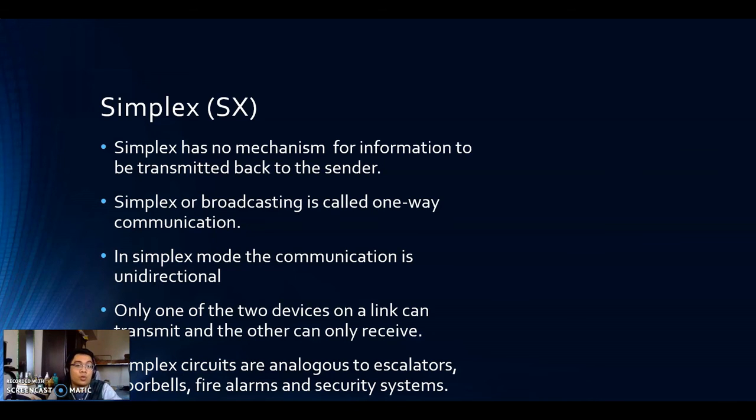This type is also called one-way communication, and since it is one-way, the communication is unidirectional. Only one of the two devices on a link can transmit and the other can only receive. Simplex circuits are analogous to escalators, doorbells, fire alarms, and security systems. Other examples include computer monitors, keyboards and keypads.